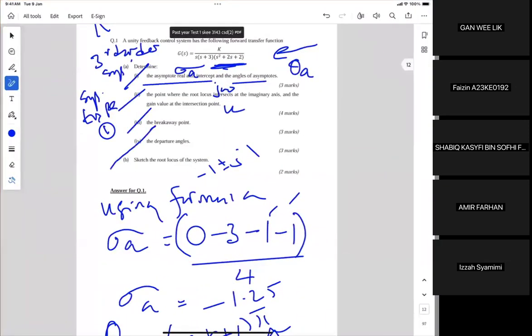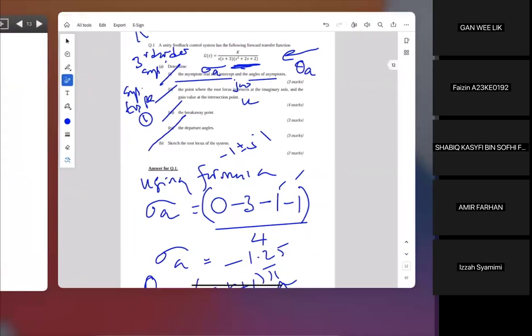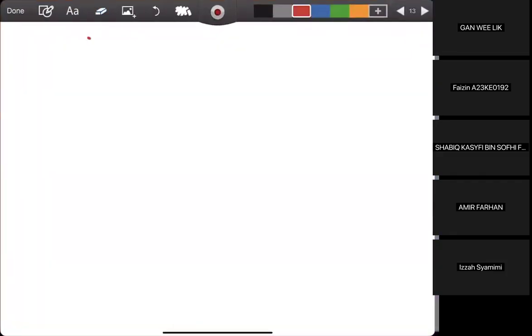Departure angles, as usual, use the formula for departure angle, theta departure.